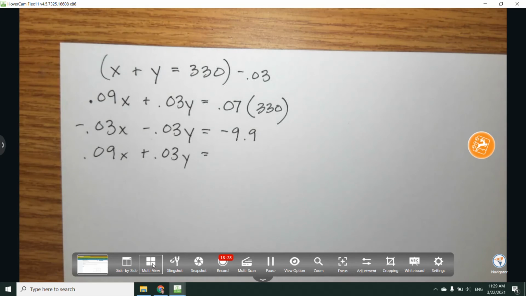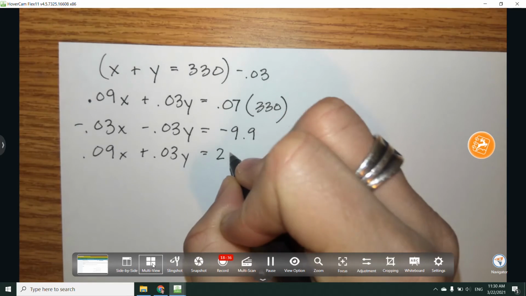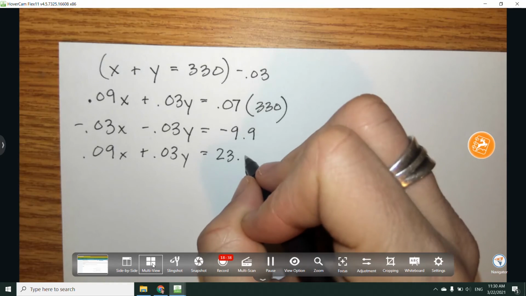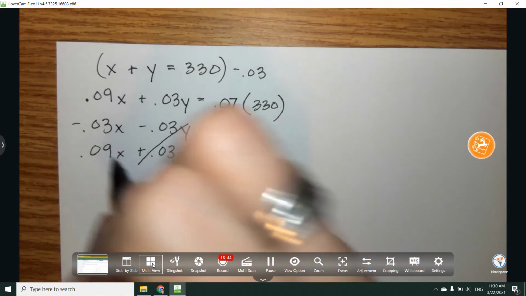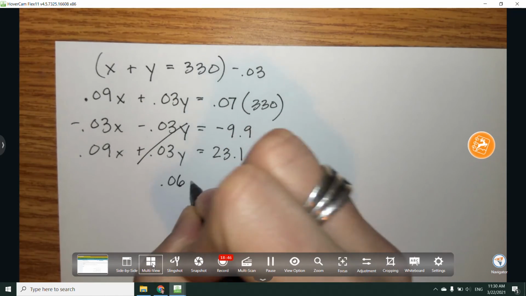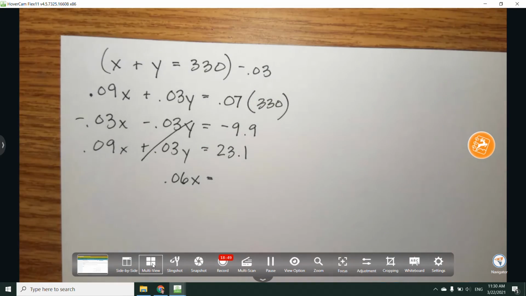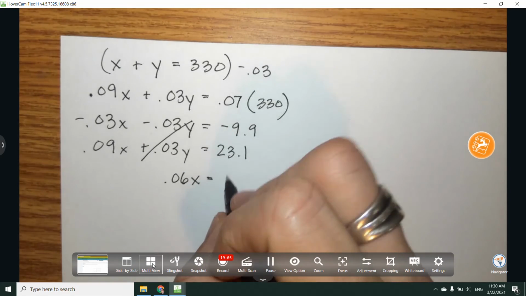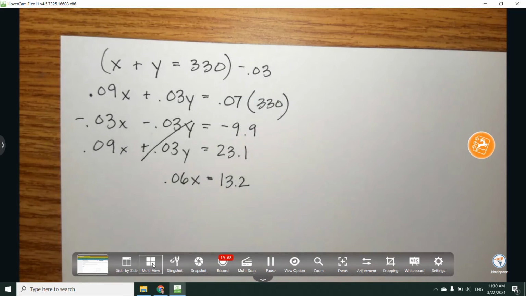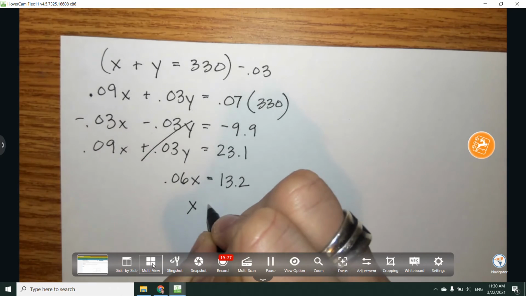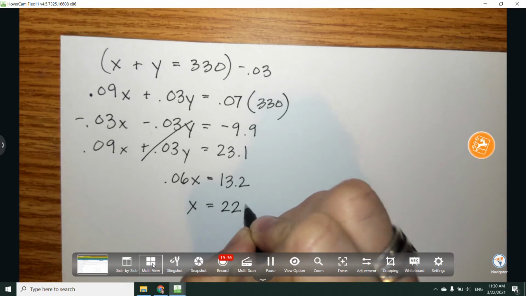We need to do 0.07 times 330 as well. That gives me 23.1. So we do our elimination here. That gives us 0.06x. And we'll do our subtraction here. That gives us 13.2. And then we're going to divide by 0.06. And we find out x is equal to 220.